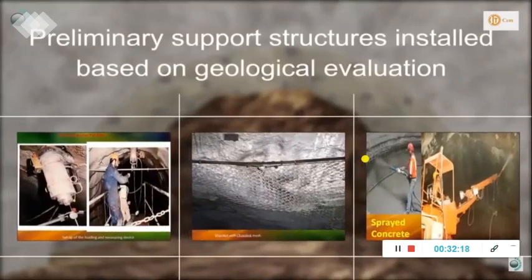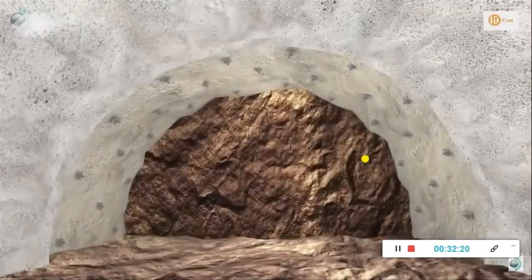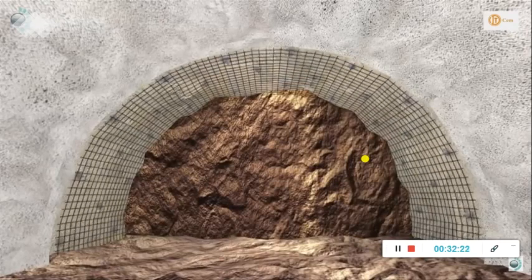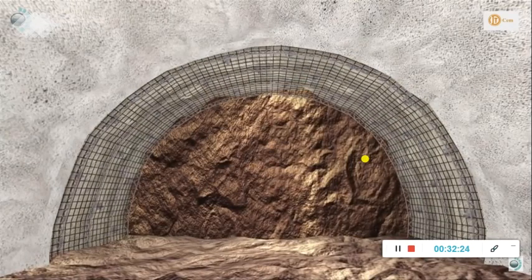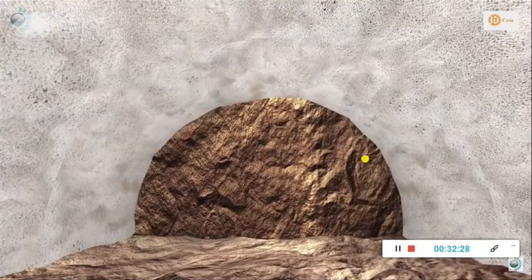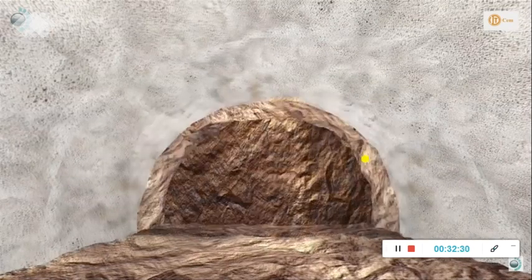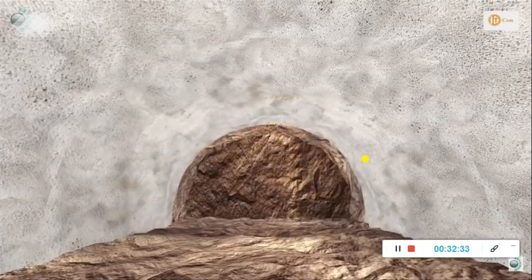As per requirement and based on geological evaluation done by geologists earlier, preliminary support structures like wire mesh or lattice girder may be erected, after which final layer of shotcreting is done. The process is then repeated for next round of blasting as per the requirement.